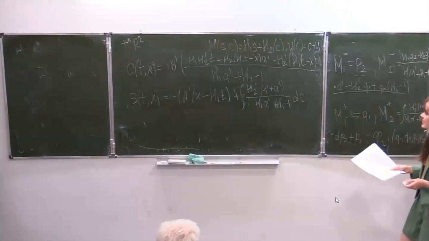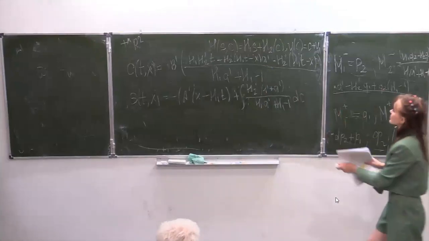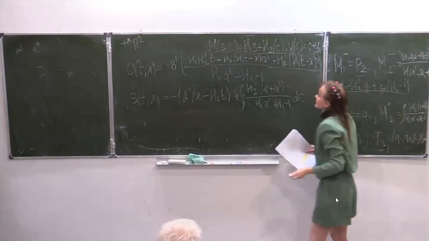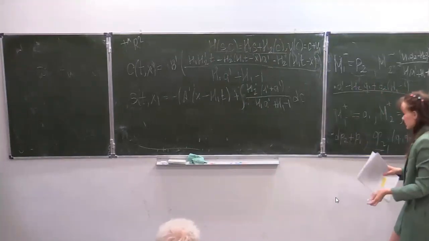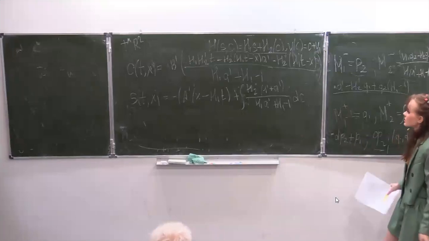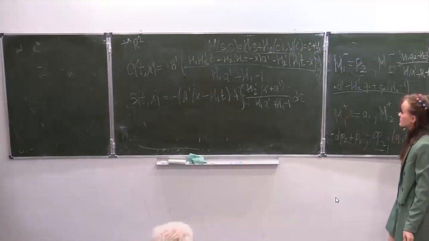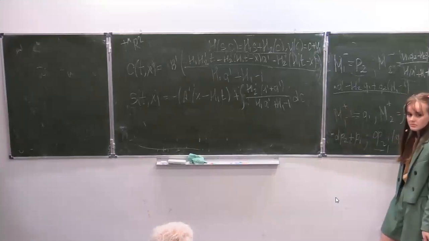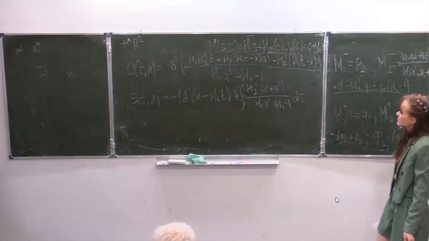H1, for example, and H2 are functions of what? H1 is constant. H2 depends on C. It means that C is given by an implicit expression.